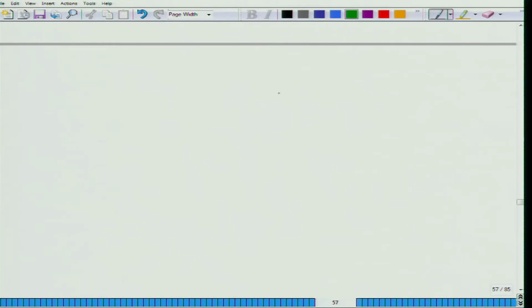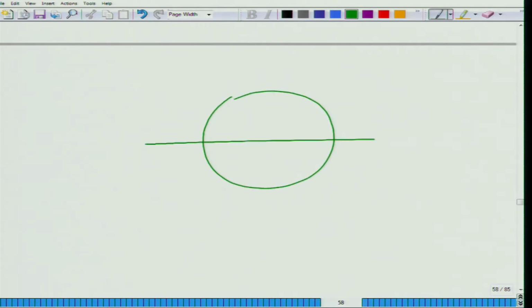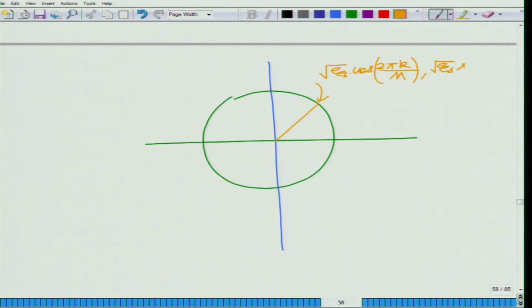Okay. So, in M-ary PSK, let me draw my picture. This is my circle, the points are arranged around a circle. For instance, you have this point which is square root of Es cosine 2 pi k by M, and this is square root of Es sine 2 pi k over M. This is the kth point, and you have several such points. These are the points of the constellation.